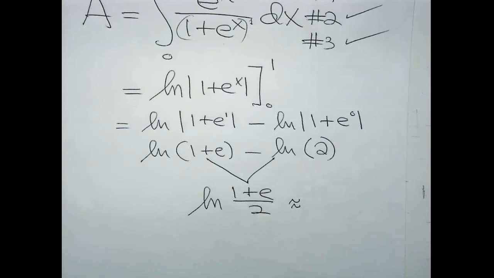Now, we could also get an approximate value of that answer by using our calculator. So I'm going to do that now and figure out what that would be. Give me 1 second here to do that. There we go. So I want to do 1 plus e.